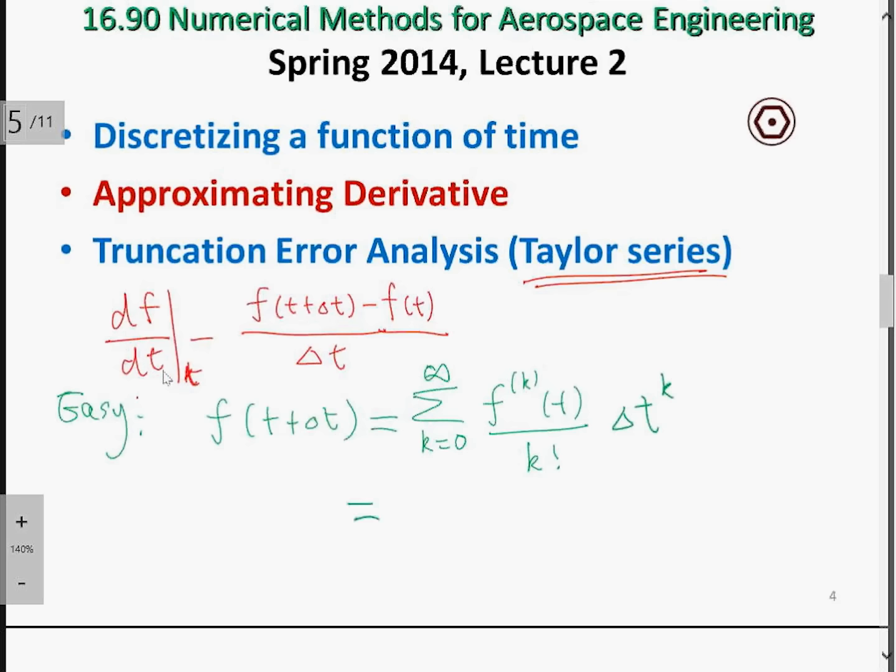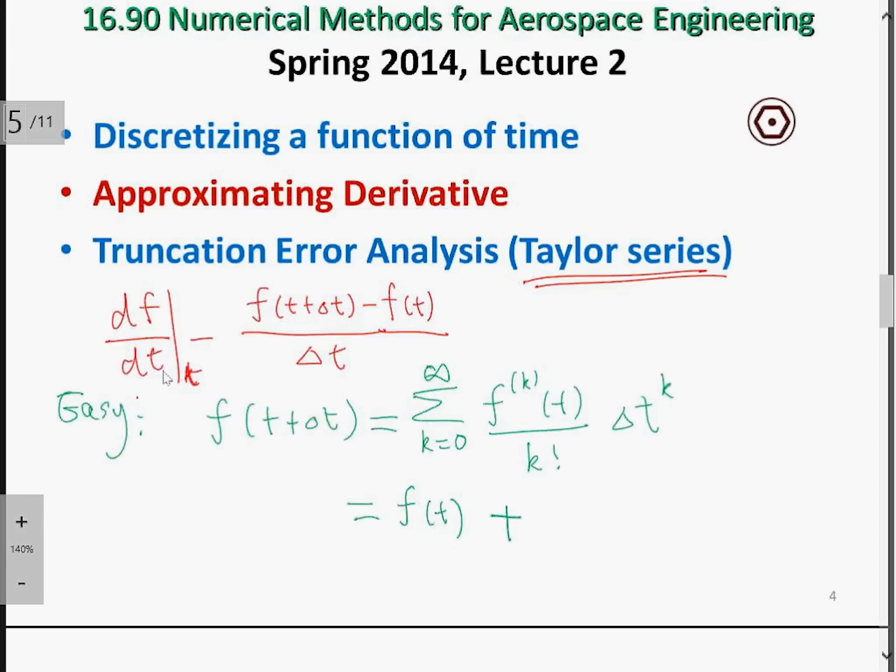In this case, we do not want to keep anything above the first derivative, so I'm just going to keep two terms. The first term is k equal to 0. The 0th derivative of f is just f itself. What is 0 factorial? 1. What is delta t to the 0th? 1. So that is the first term.